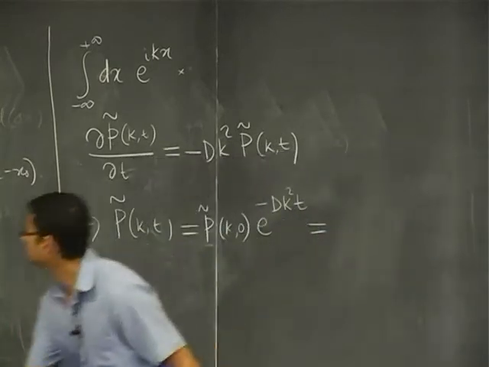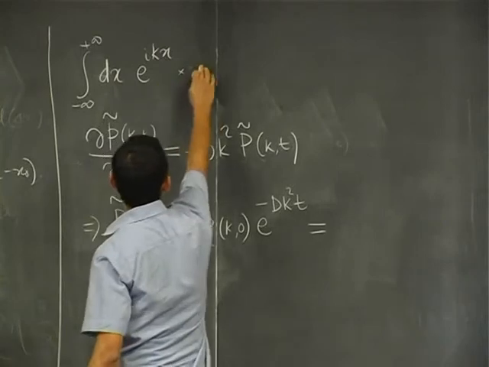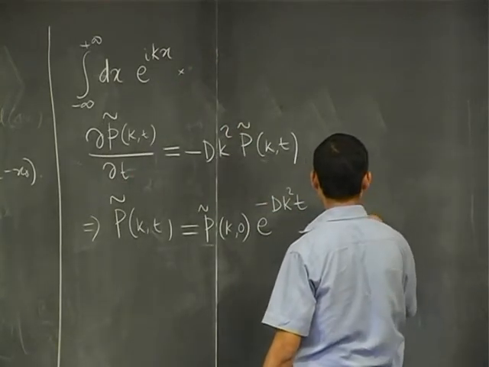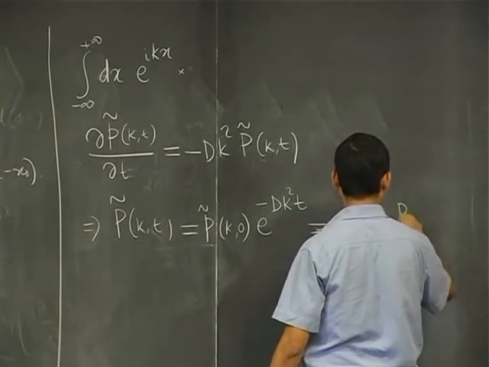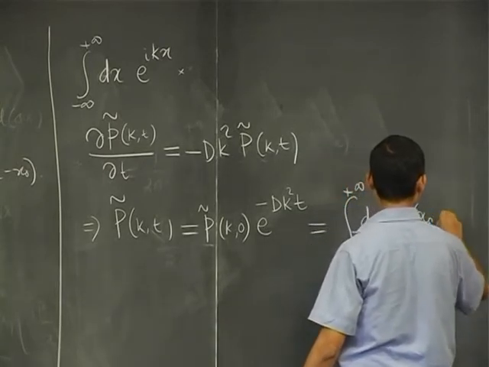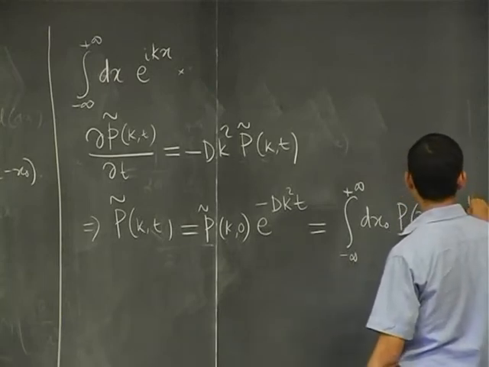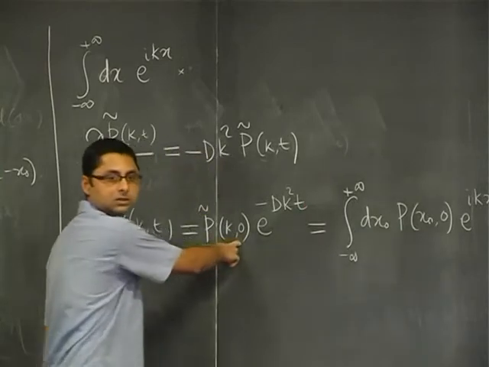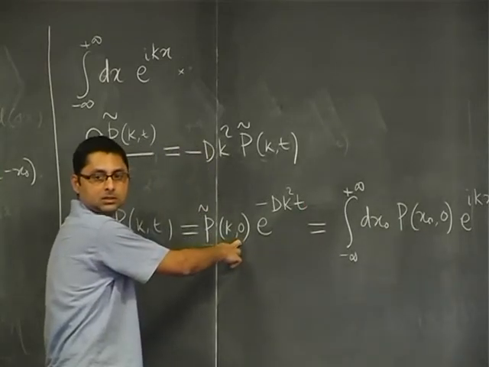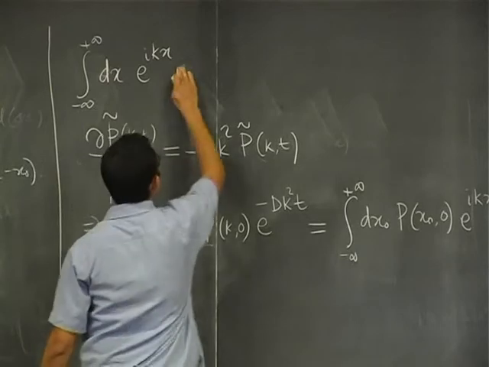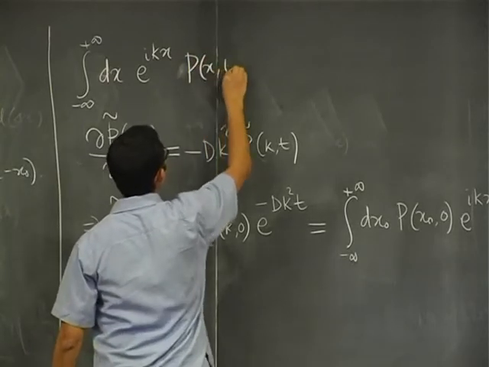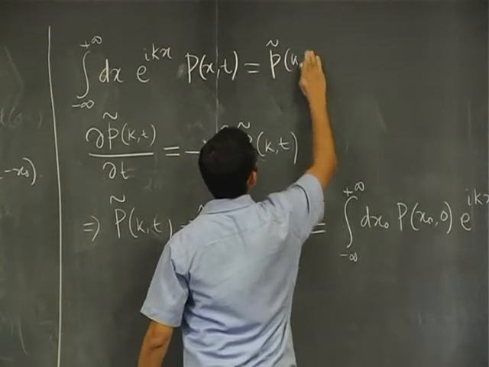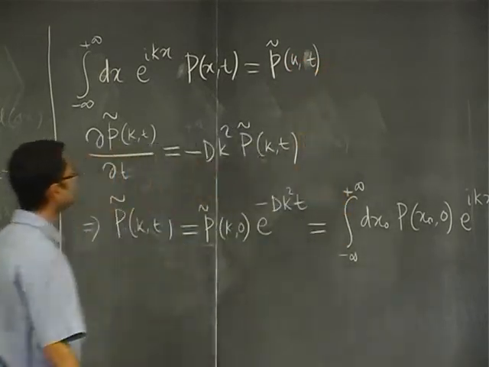So this is the integral over x0, from minus infinity to plus infinity, dx0 p of x0, 0 e power i k x0. So this is p of x, t, so this is equal to p tilde of k, t, right?